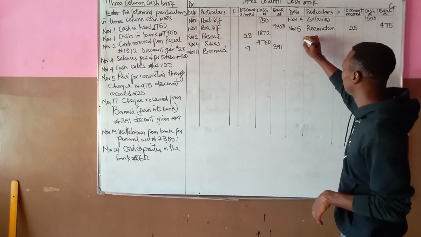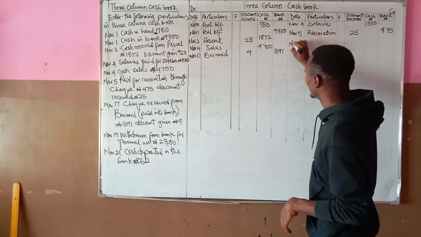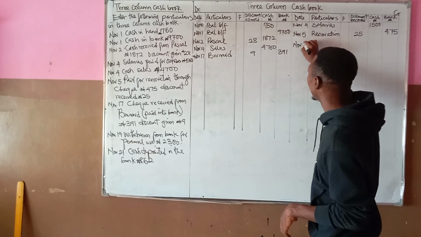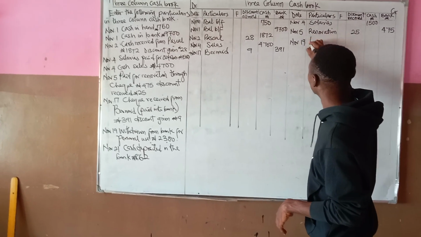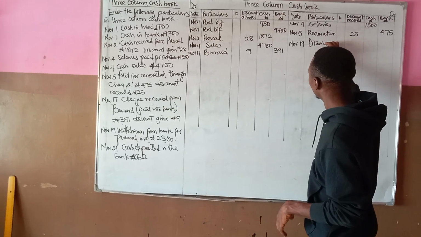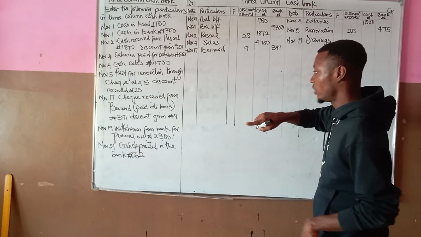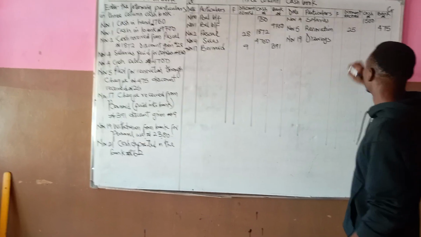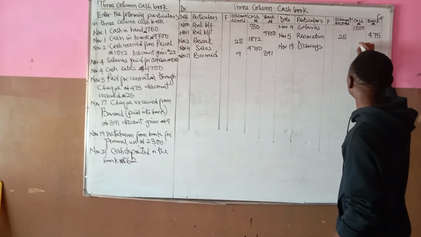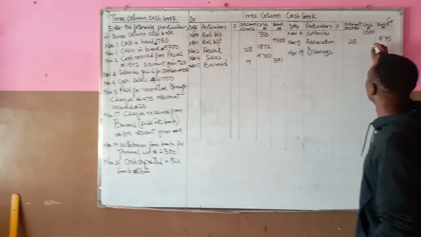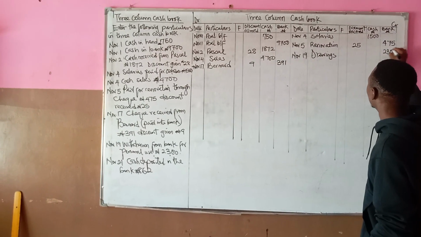So it is an expense because it takes away from our business. We do this under drawings, 2,300 from bank you withdrew. So expenses, 2,300.